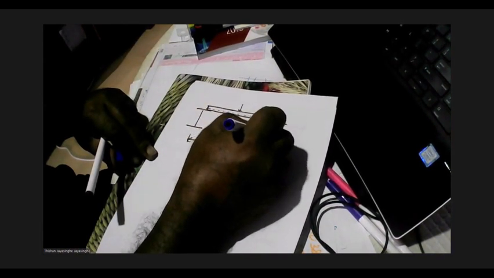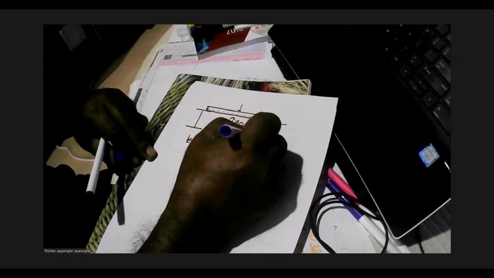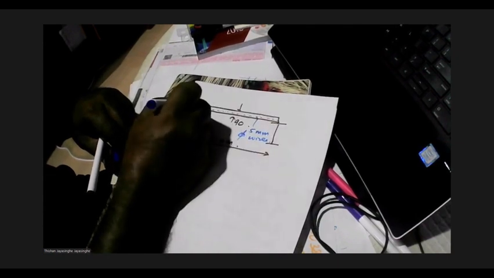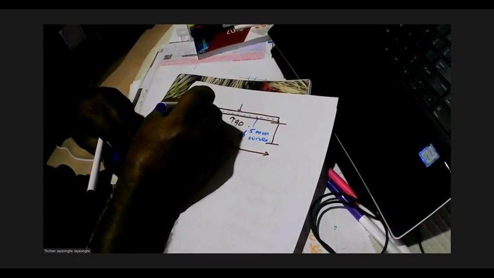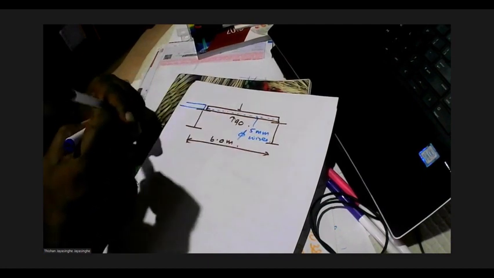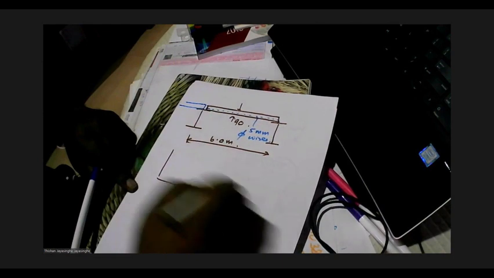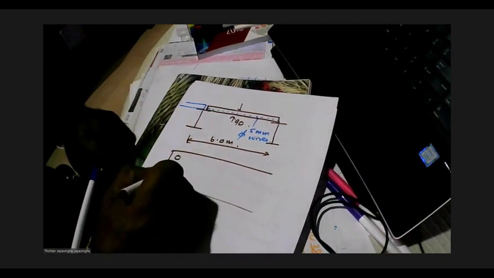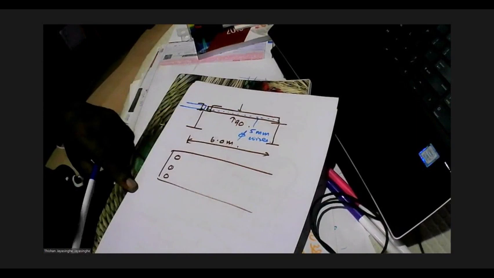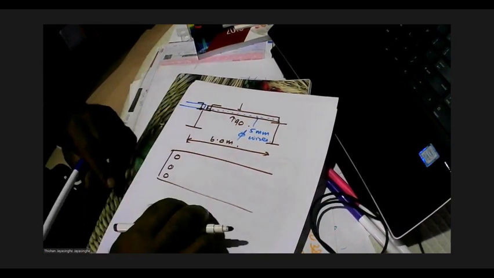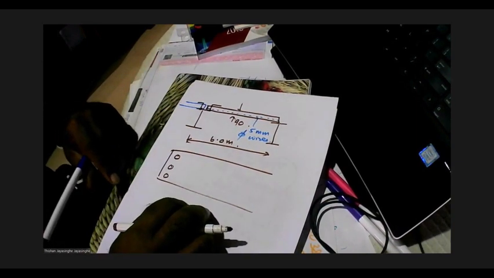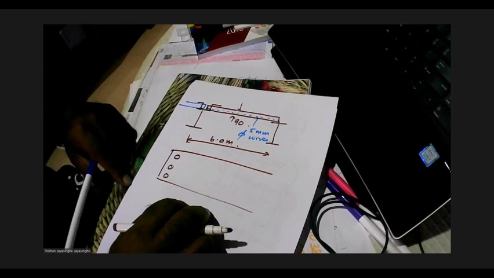Those were 5 millimeter wires. So we had another slab here, and what we did was we kept holes like that, and through the hole we welded a bar and bent it like this. So basically we locked the slab with the steel beam.